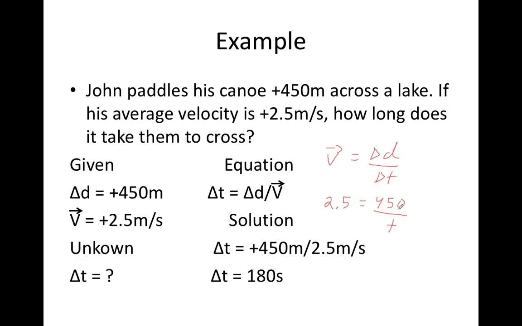So you can put the numbers in first, and then you can multiply both sides by t and divide by 2.5 to get t on its own. So t equals 450 divided by 2.5. So if it helps, you can plug the numbers in first and then rearrange it.